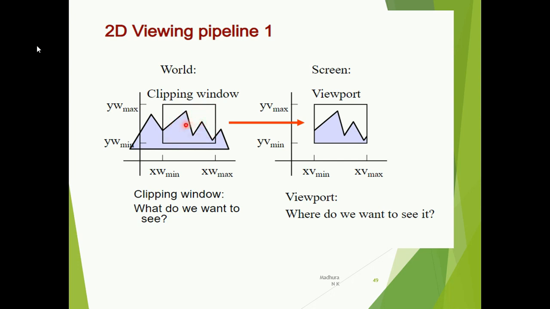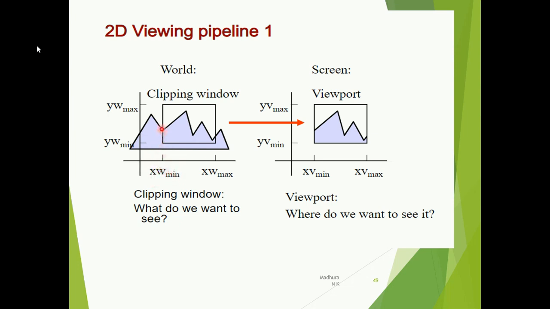That means the size of the clipping window will not match the size of the viewport. Sometimes it will match, but in most cases your clipping window size will vary from the size of the viewport. It may not be the same. That's why we represent these points as different points, such as xw minimum.